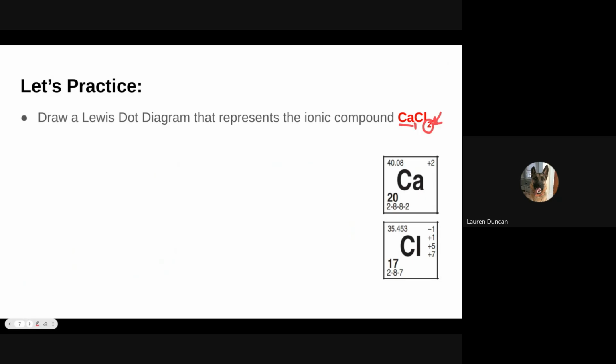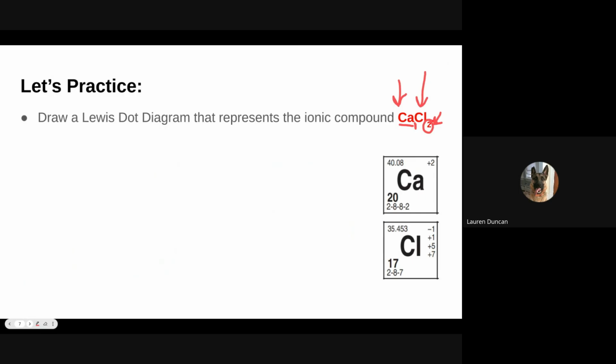So what you're trying to represent again is a piece of the larger lattice structure. So all these ions, this 1 calcium and these 2 chlorines, they have to attract each other. So a trick so that your final result shows the ions all attracting towards one another is, if you have more than one atom of an element, put the element you just have one atom of in the center of your diagram.